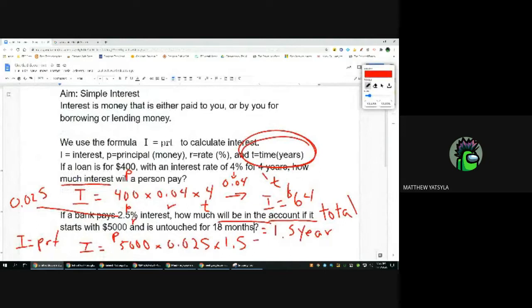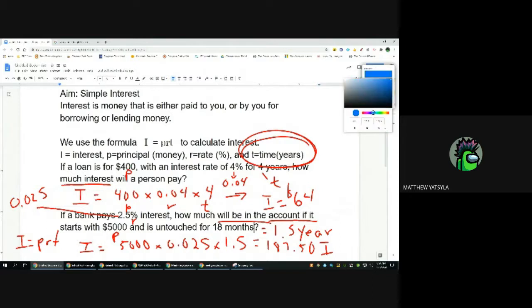This is going to be my interest of $187.50. But that's just my interest. What I'm going to have to do then is I'm going to have to add this to the $5,000. So let me change colors here. This will be now the 5,000 that was already in the account plus the 187.50.